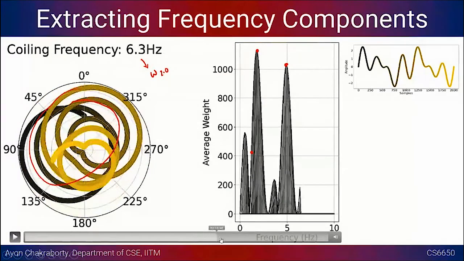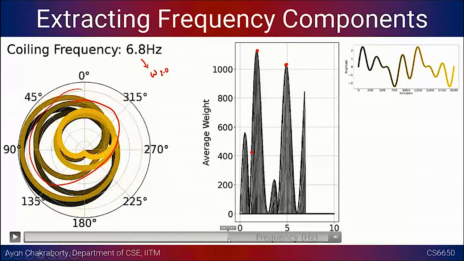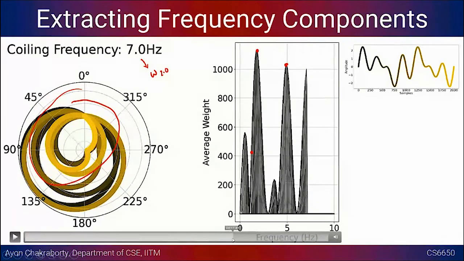And similarly for 7, you will see the same phenomenon happening. So for 7 also, we can see that this is again stacked up in one particular direction, right? And the center of mass of the average weight is plotted here. Okay, so at least if you find out the maxima components, right, what are the 3 main peaks, you can always get through these values.